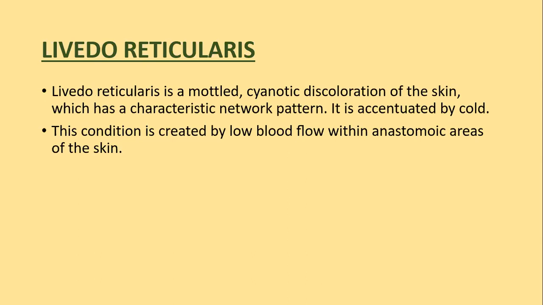Now, the next condition is very important. It is livedo reticularis. This is the mottled cyanotic discoloration of the skin with characteristic network pattern. It is accentuated by cold. This condition is created by low blood flow within the anastomotic areas of the skin.